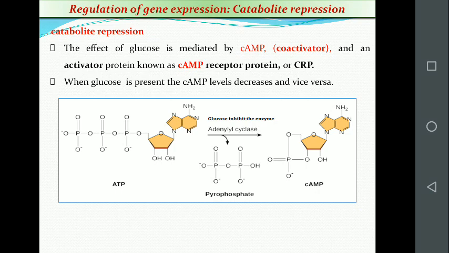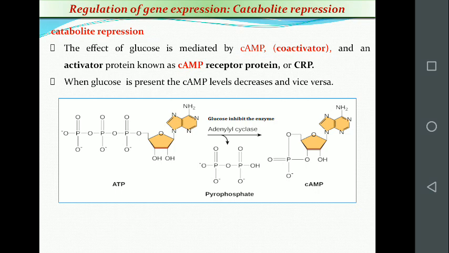Here we have a sensing molecule which acts as an indicator of the presence and absence of glucose. That indicator is cyclic AMP. So the effect of glucose is mediated by the presence of cyclic AMP.